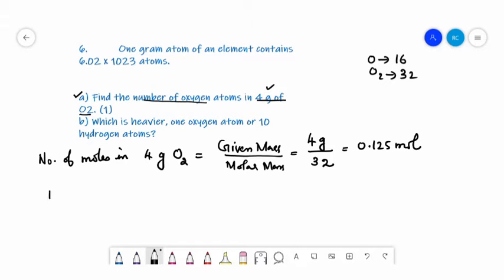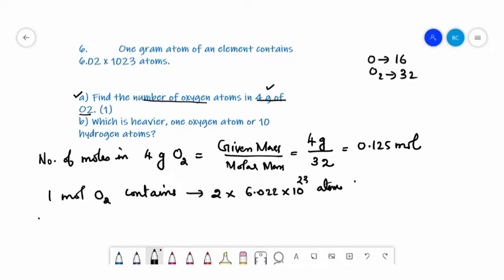Then 1 mole O2 contains how many atoms, children? It contains 2 × 6.022 × 10^23 atoms. Why did I write 2? Because this is O2. If it is O, you need not write 2. This is O2, there are 2 oxygen atoms. That's why I wrote 2.